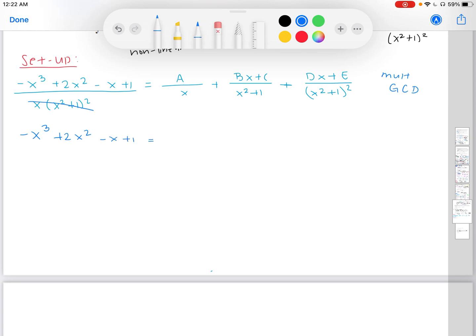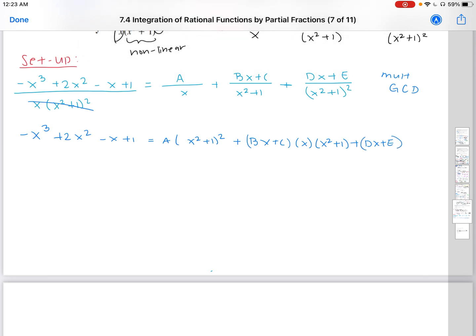We'll have A times x squared plus 1 squared, plus Bx plus C times, we need to multiply that by an x and one copy of the x squared plus 1. And then lastly, we have Dx plus E. That's a quantity squared, so it just needs to multiply by the x.